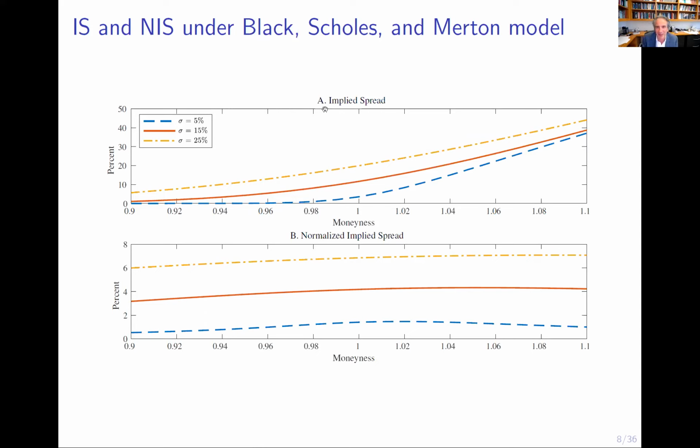Nothing really surprising there. And as I said, everything is going to go up because, again, higher probability of default on the right-hand side. The normalized implied spread is kind of interesting. The normal distribution implies not really a straight line, but a little bit of concavity. This means that if you don't have much tails, this measure tends to be a little concave. So we're going to compare that to the data later.